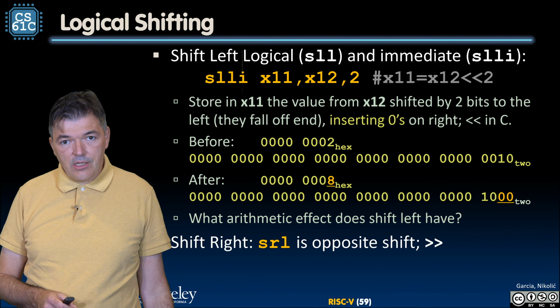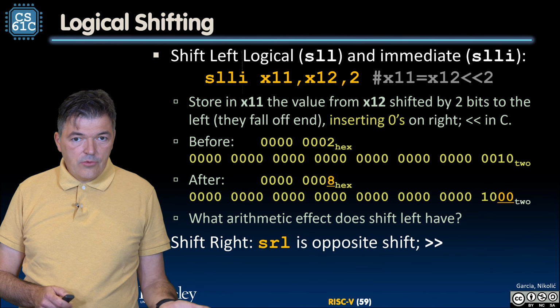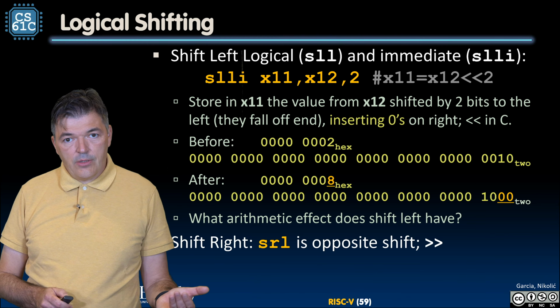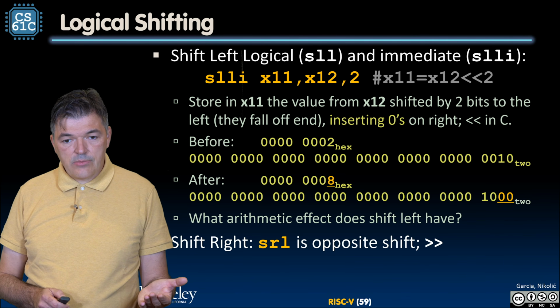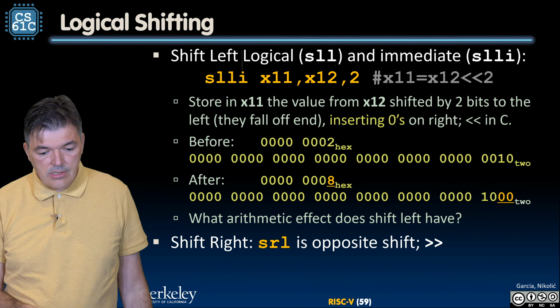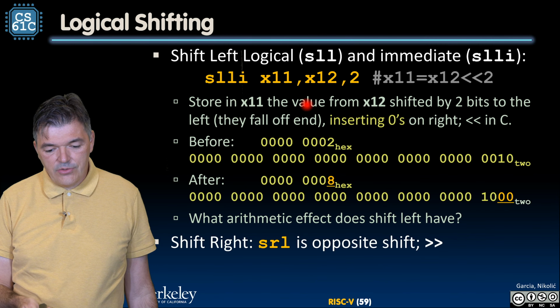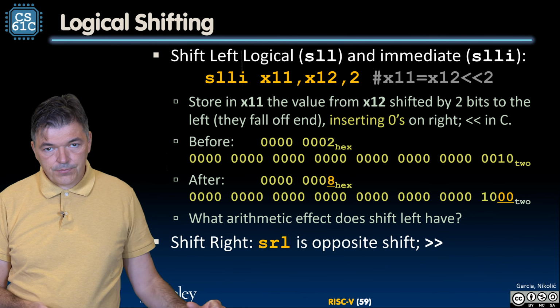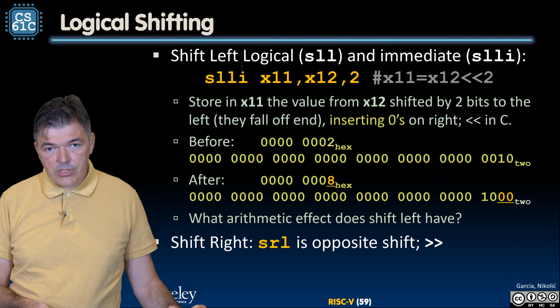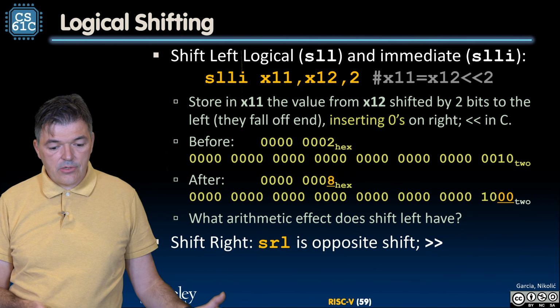Let's take a look at logical shifting. Shift left logical comes in two forms, SLL that operates on the register contents, and the immediate version that works with an immediate value. In this case, SLLI X11, X12, 2 will take the value in the register X12, shift it to the left by 2 bit positions, and fill the 2 least significant bit positions with zeros.